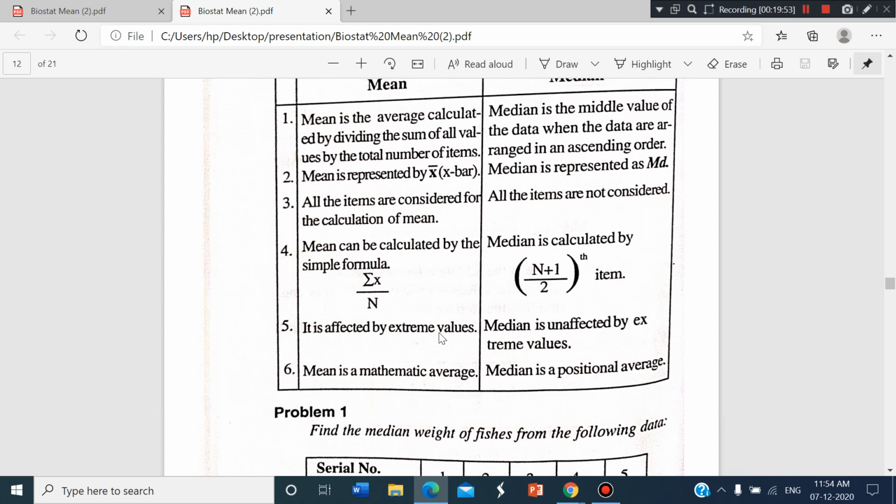Mean is affected by extreme values, whereas median is not. To define precisely, the mean is the mathematical average, whereas the median is the positional average, because you are finding the value of the fifth item or sixth item, which is in the middle.